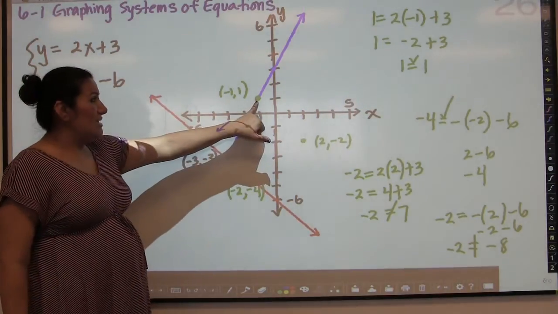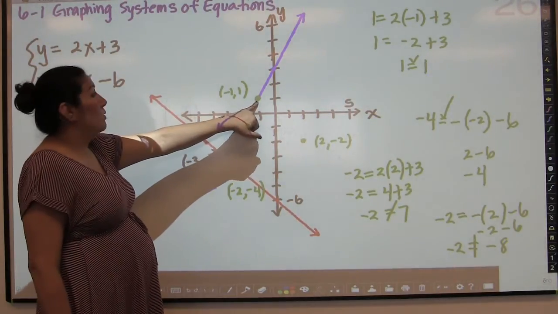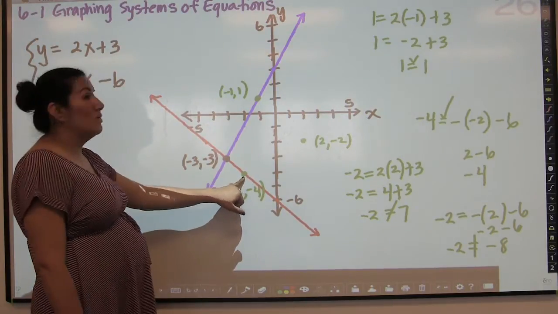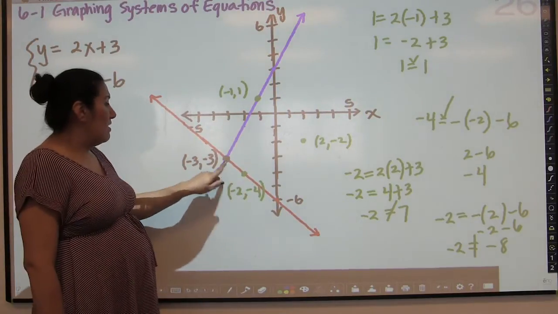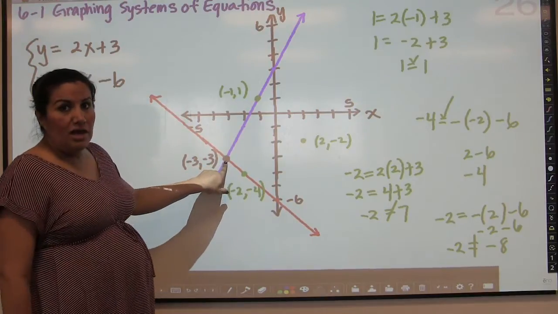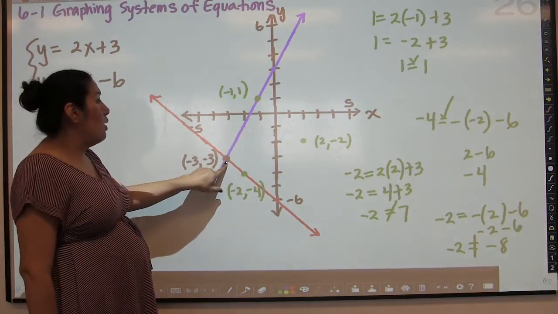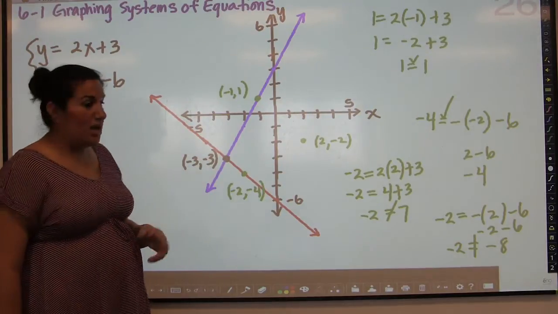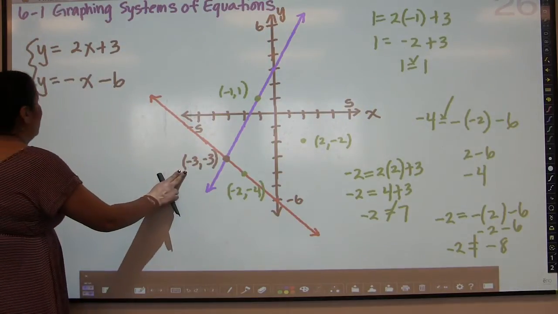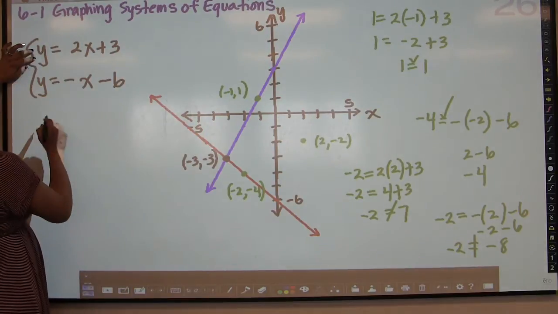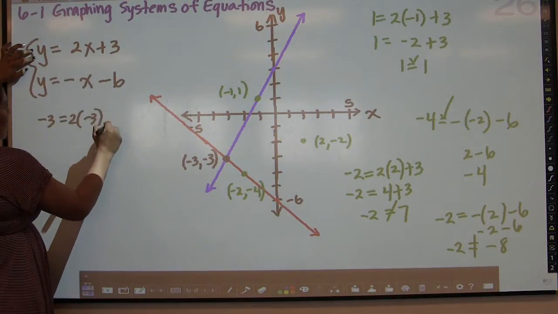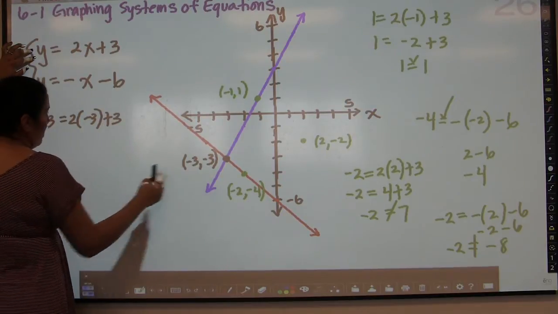So this point is a solution to y equals 2x plus 3. And this point is a solution to y equals negative x minus 6. But this point here, the black dot, is the only solution to both lines because it happens to be on the blue line and the red line at the same time. And when I check that, I can put y is negative 3, 2 times negative 3 plus 3, because in this case both x and y are negative 3.